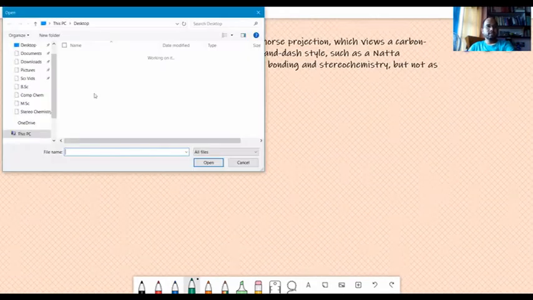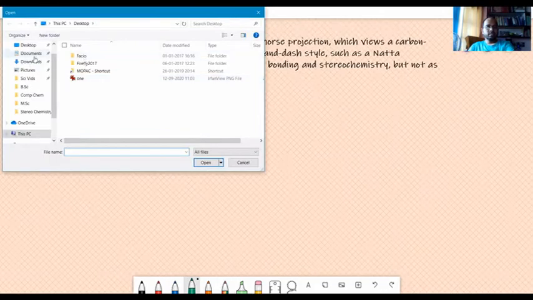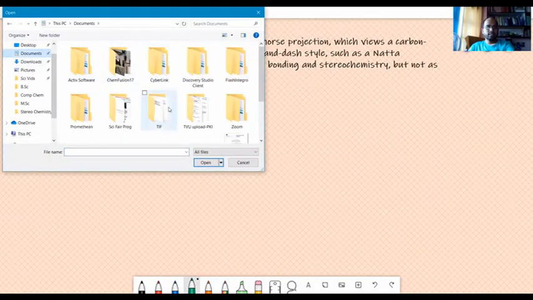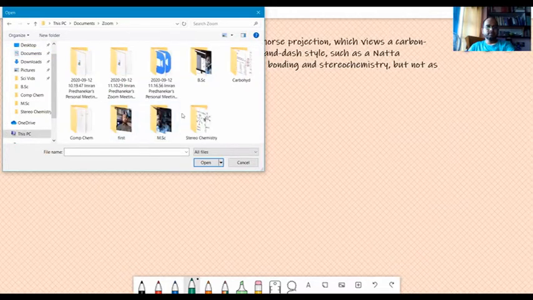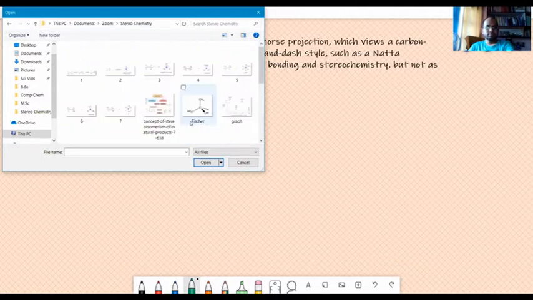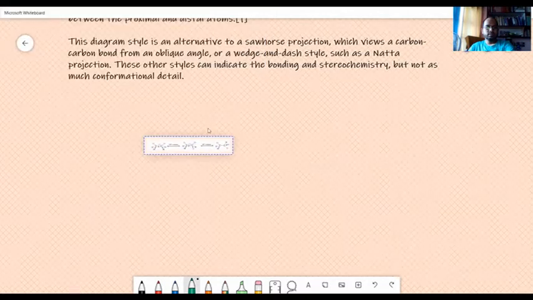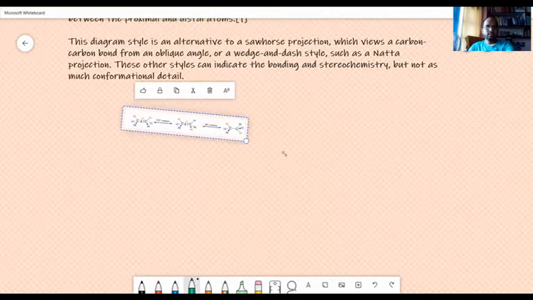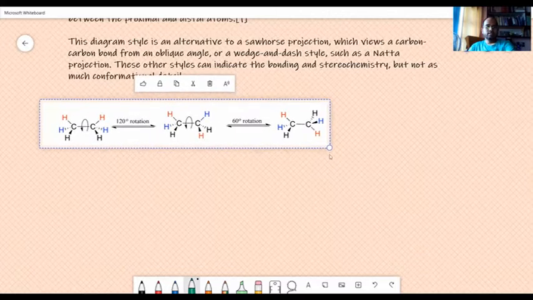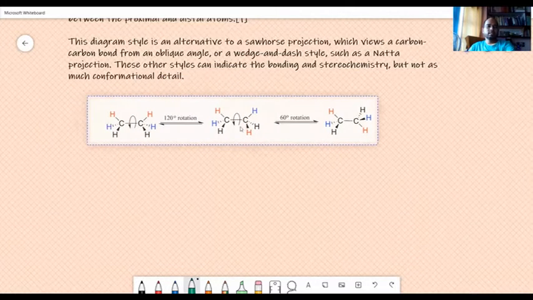This is the beginning of the structure. You can see this in chemistry. So ethane is taken as an example.